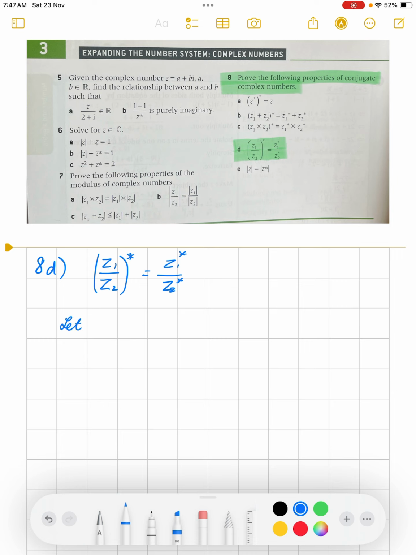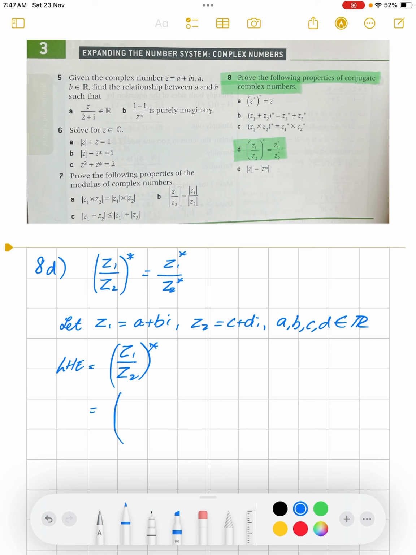All right, so let us give the value of Z1 as A plus BI and Z2 as C plus DI, where A, B, C, D are elements of the real numbers. Well, let's work on the left-hand expression, and we've got Z1 over Z2 conjugate.